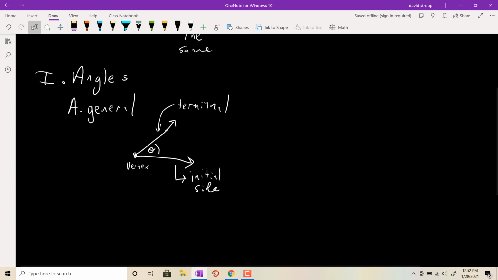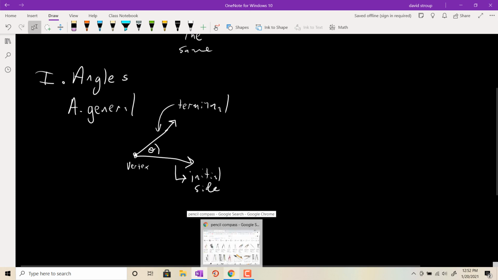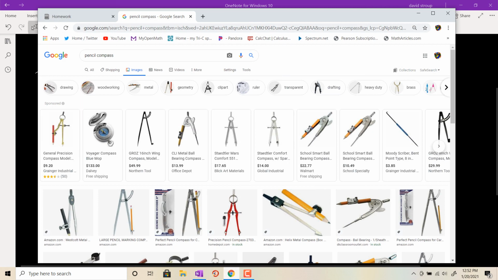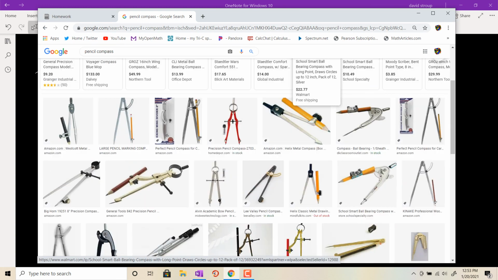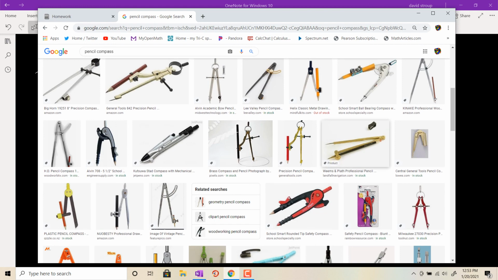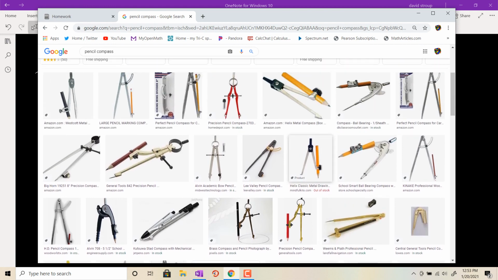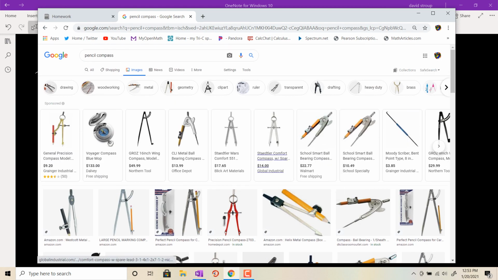In terms of compasses, when I was younger in our classes, we would have to use compasses and protractors, and it was a lot more hands-on back then. If you go into engineering, you'll probably have to buy some sort of engineer's kit with all kinds of tools like you're seeing on the screen right now. When you open up a compass, it makes an angle, and you could actually draw that angle down onto a piece of paper.